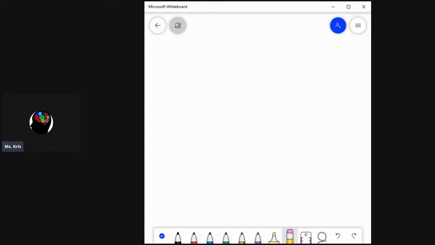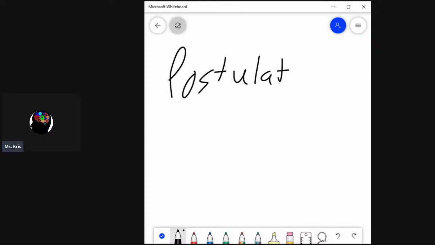So, postulate 10. Postulate 10 says through a point not on a line, exactly one line is parallel to the given line.